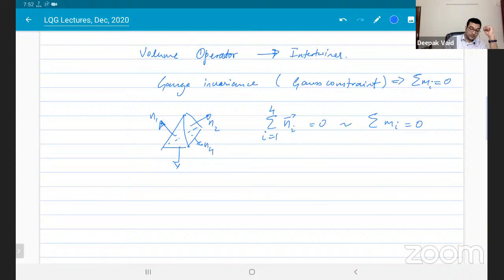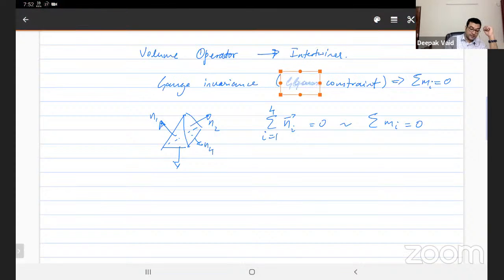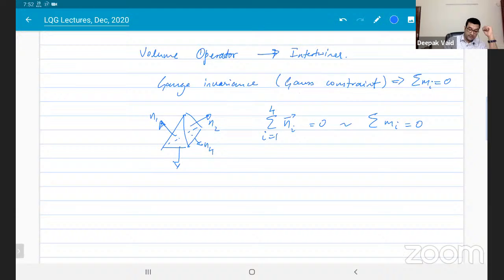So the thing is that if you say that this m is not equal to 0, this implies that your intertwiner, your vertex, is not gauge invariant, right? With respect to gauge transformations acting at that vertex.